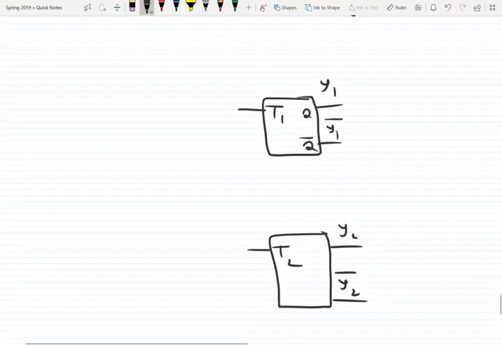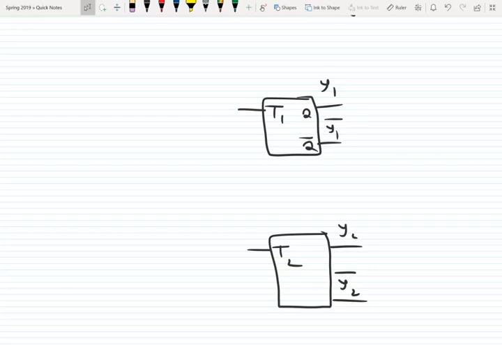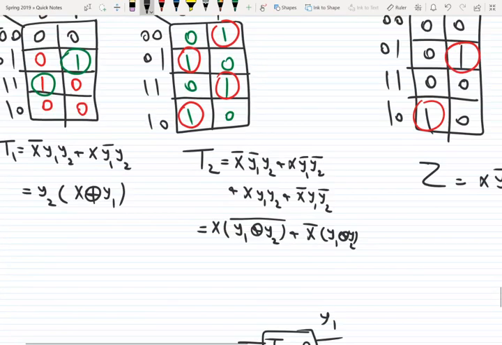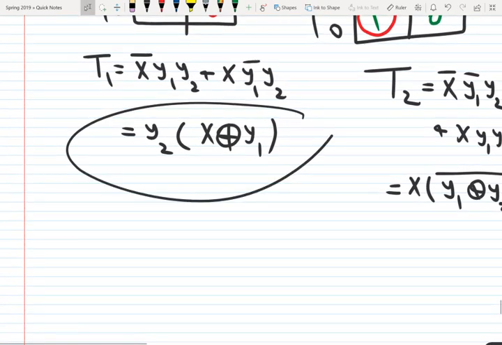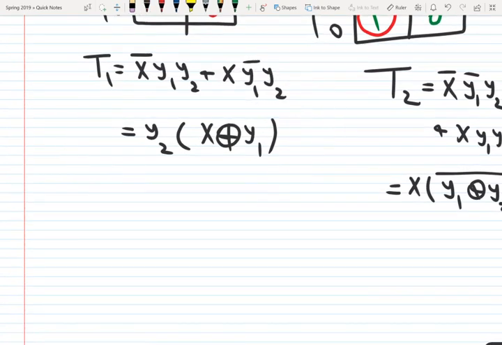Okay, and we have X here. Let's start from T1. T1 is Y2 times (X XOR Y1). So X is here, X is here, and Y1. I'm just trying to build this part.